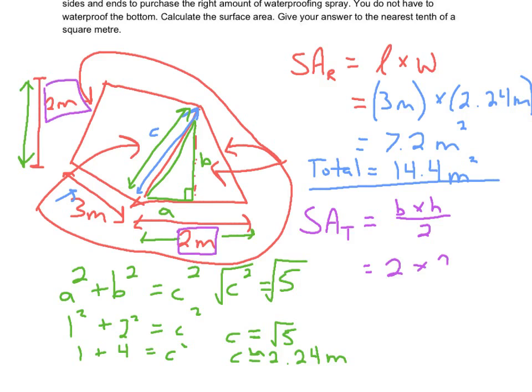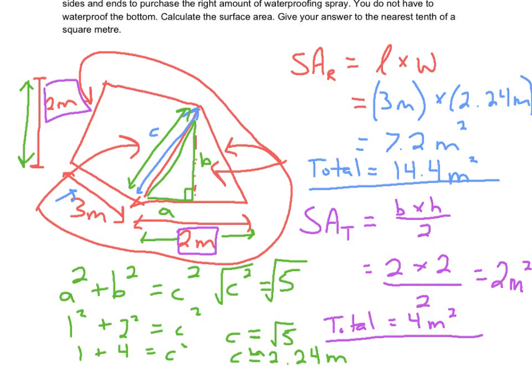The height is also 2, and we're going to divide by 2. So 2 times 2 is 4, divided by 2 is 2 meters squared. And again, we have 2 of those triangles, front and back, so the total from the triangles is 4 meters squared.